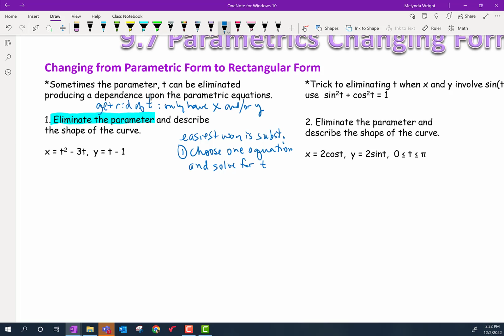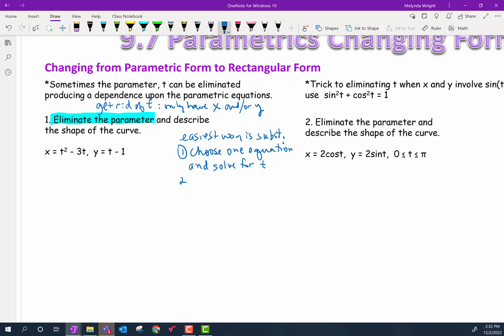Now, it doesn't really matter which equation we choose, but we should make it beneficial to ourselves. Like in this first example, I really wouldn't want to use the x equation to solve for t because I've got a t squared and a t. That seems like that would be really hard. So I don't want to do that. So instead, I'm going to take the y equation and solve it for t.